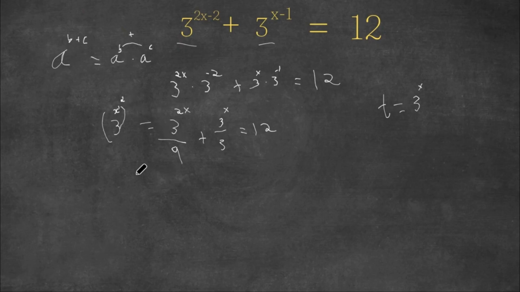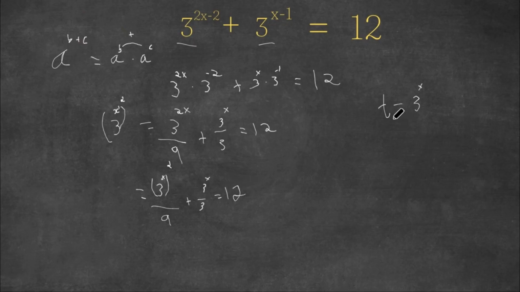So we're going to convert this into 3 to the power of x, to the power of 2, over 9 plus 3 to the power of x over 3, and all of this still equals 12.